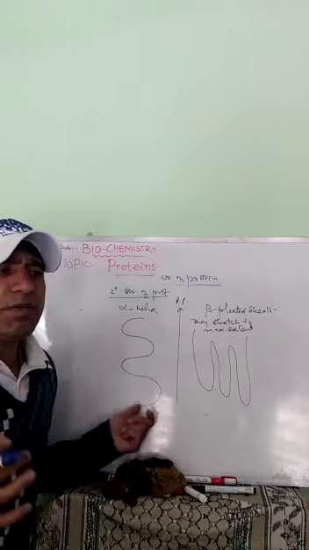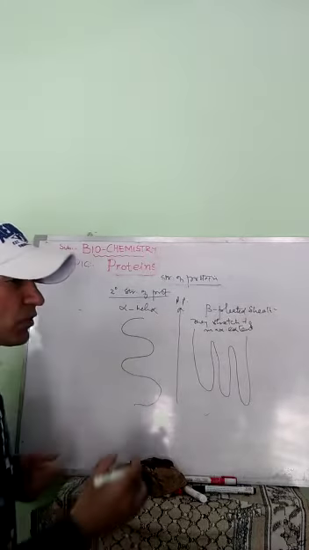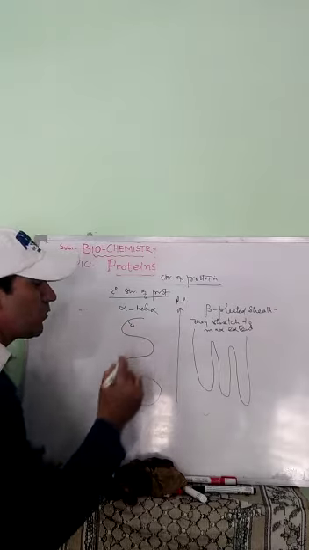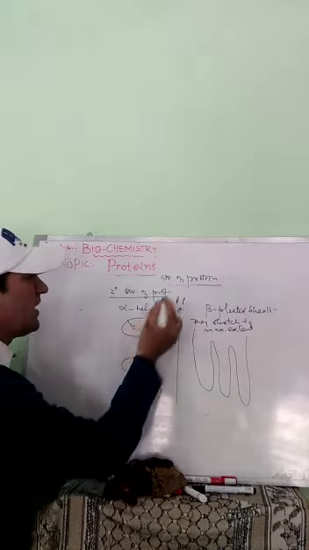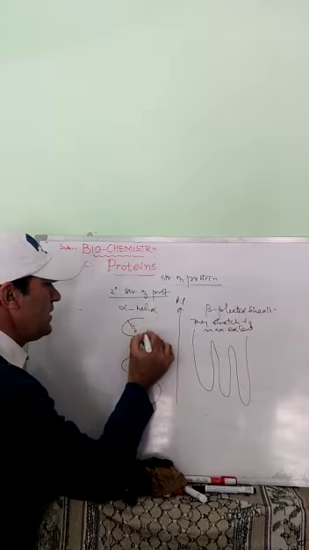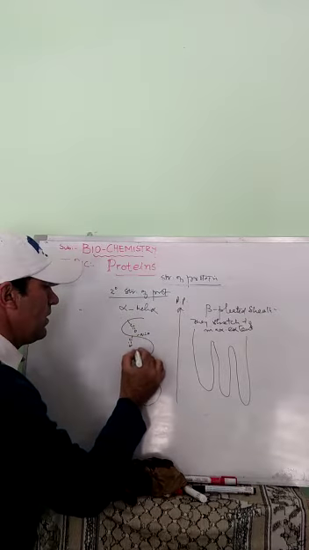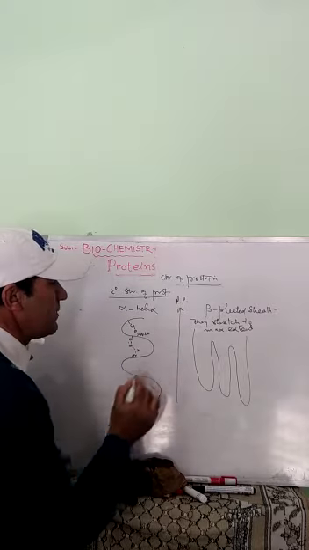Students, what helps the polypeptide chain coil around itself? We have already learned that there is C double bond O and NH, and hydrogen bonding takes place.